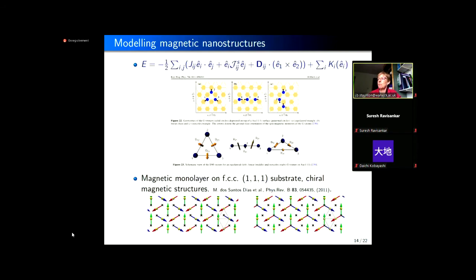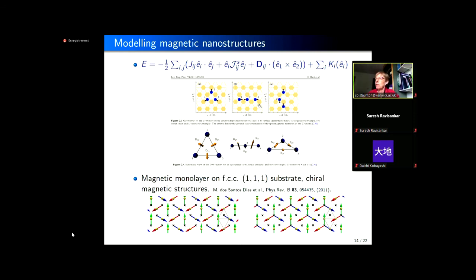So let me now show some work which I've reproduced from Hubert Ebert and Dimo's very nice review article, which shows an application of this formalism to a much more realistic system, which has basically small nanoclusters of magnetic atoms deposited on some substrate.